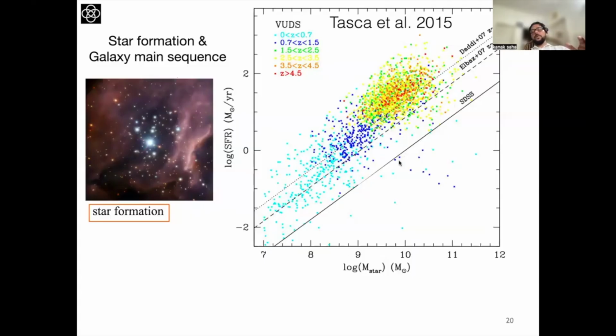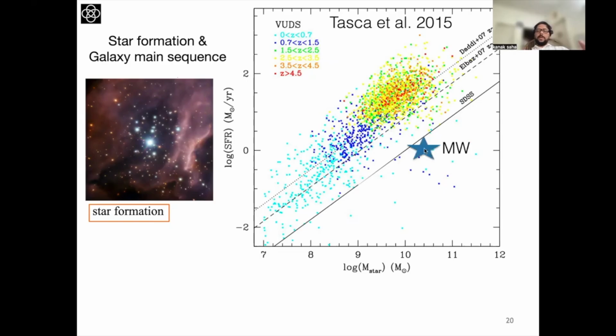In some sense, there's a one-to-one correlation, and this is also being studied in many distant galaxies at higher and higher redshift, and these red dots show galaxies with redshift greater than 4.5. On this plot, the Milky Way falls somewhere around here, because its stellar mass is about 10 to the power 10.5 or a bit more, and it is making stars at about 1 solar mass per year.